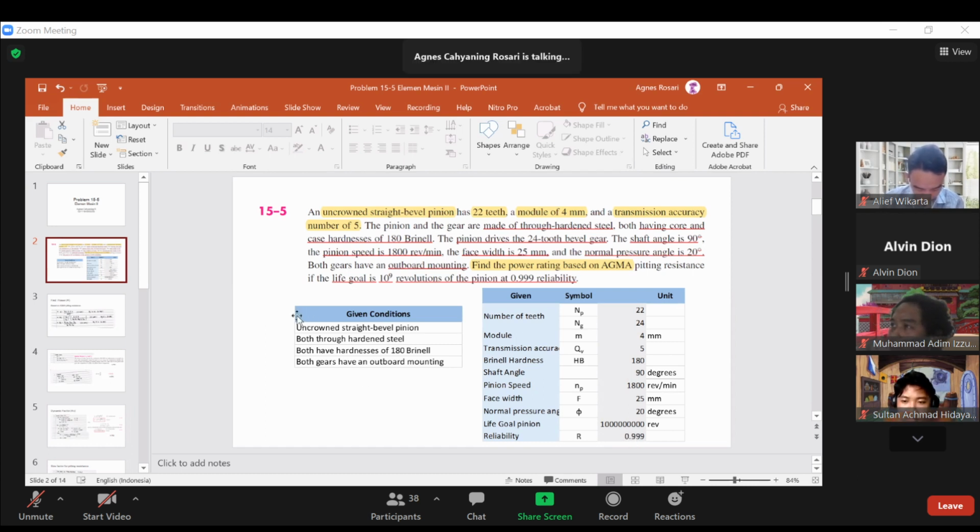The given condition is a straight bevel with uncrowned, both through-hardened steel, both with hardness of 180 Brinell, and both have an outboard mounting, so there is no shaft that extends in the middle of pinion and gear.